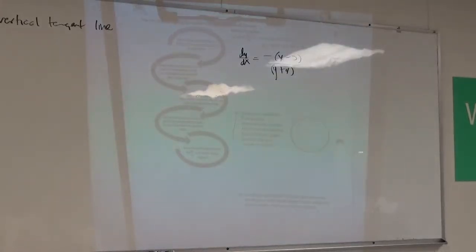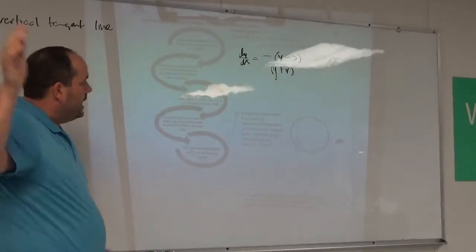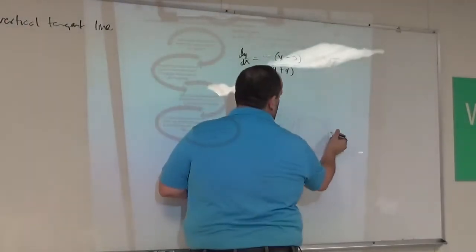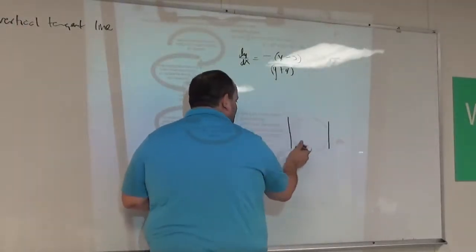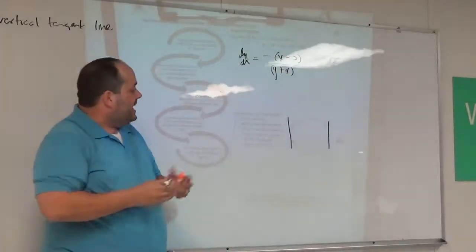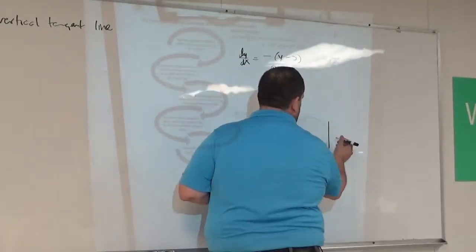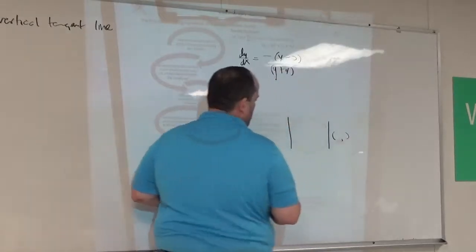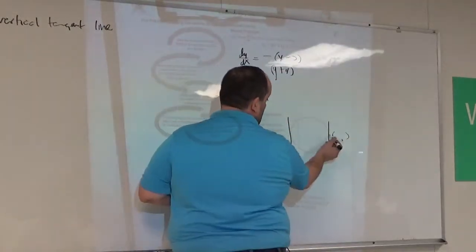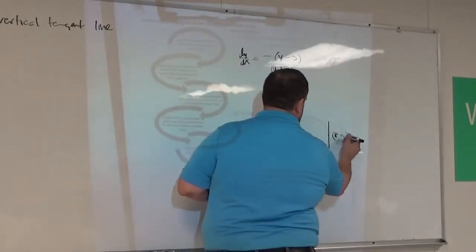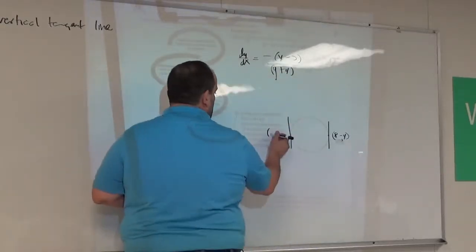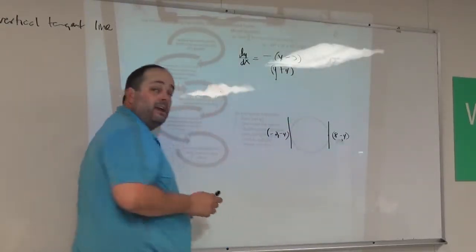Looks like this. For this graph, how many vertical tangent lines? Right here, there's going to be one. Right here, there's going to be one. If I need you to give me the points, what are the coordinates? (8, negative 4) and (negative 2, negative 4).